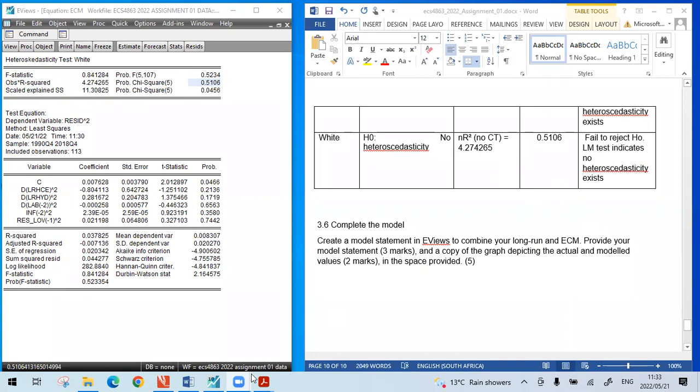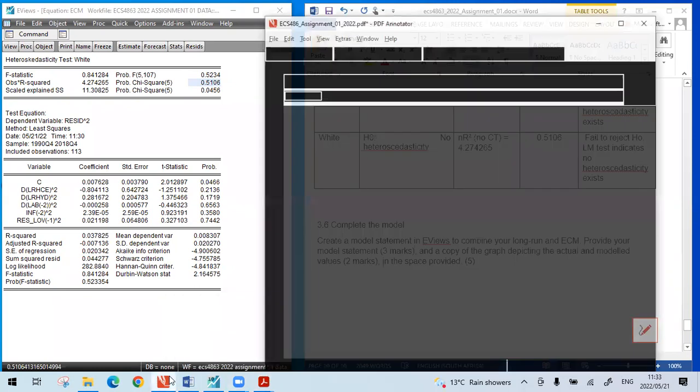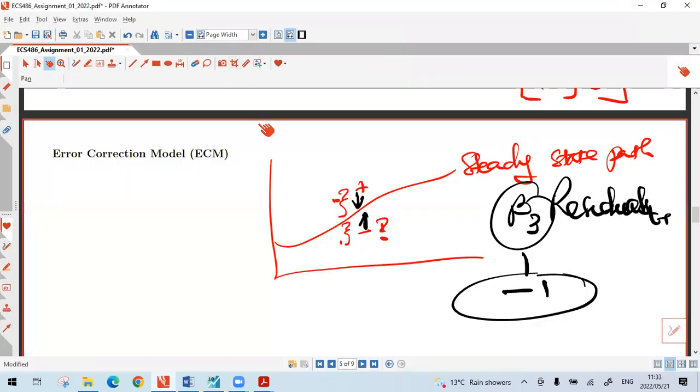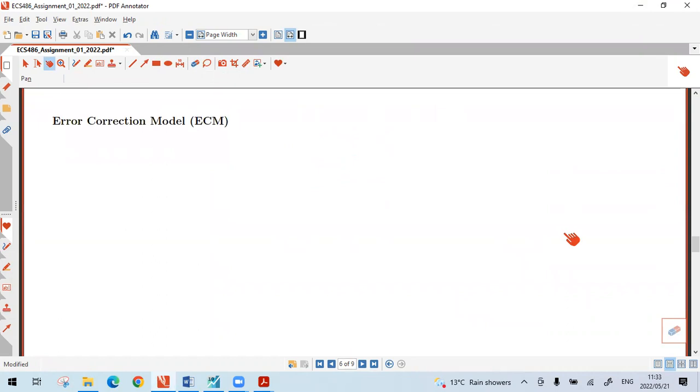Let me quickly explain something here, so that when we are running it, it's easy. Okay, I can explain here.